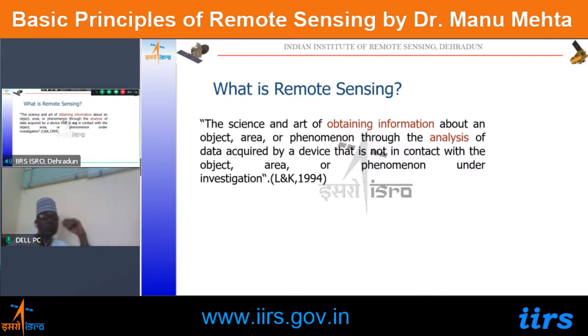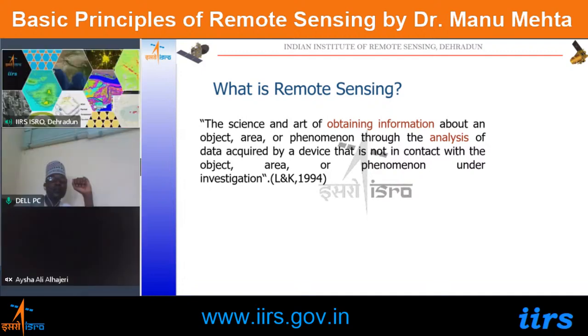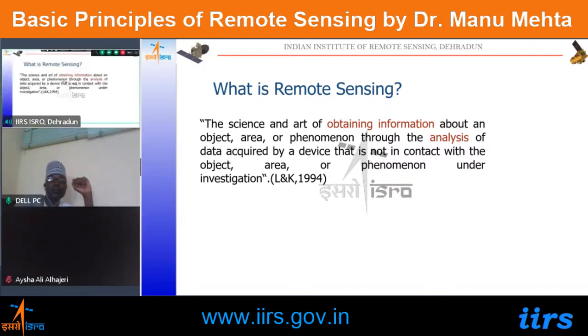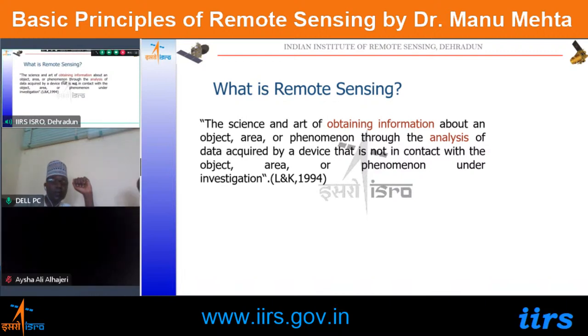Very simply, it can be put as it is the science and art of obtaining information about three things. That is, one is object, the other is area, and the third is phenomena. Now, the takeaway here is that the information which is to be collected about these three things is to be with the help of a device which is not in physical proximity or physical contact with the same.